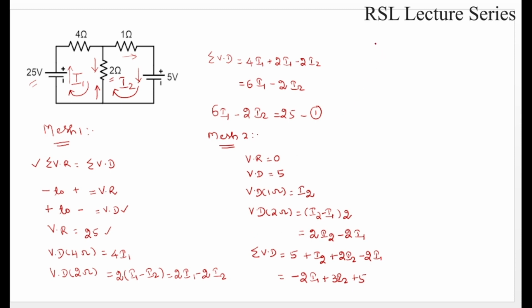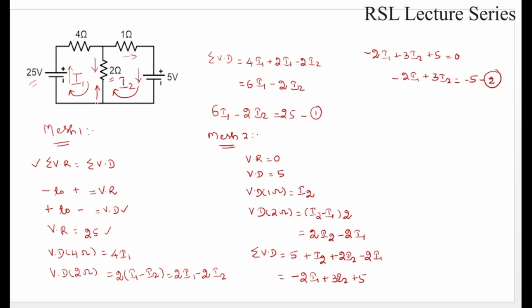By Kirchhoff's voltage law, this is equal to the voltage rise, which is 0. So minus 2I1 plus 3I2 plus 5 is equal to 0, or minus 2I1 plus 3I2 is equal to minus 5. This is equation number 2.